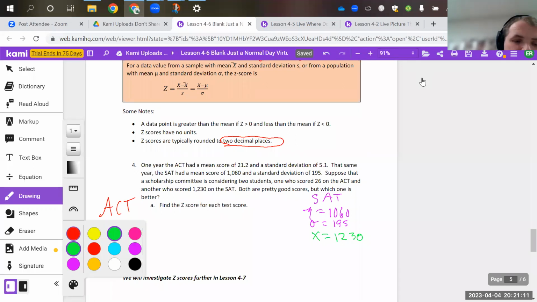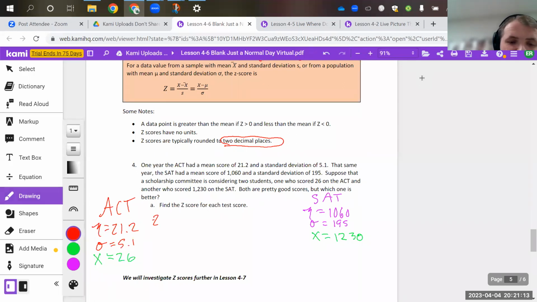So our z-score for the ACT will be X, so 26 minus the mean, all divided by the standard deviation. When I subtract and then divide, I get positive 0.94.